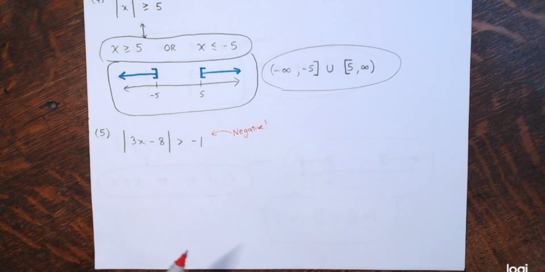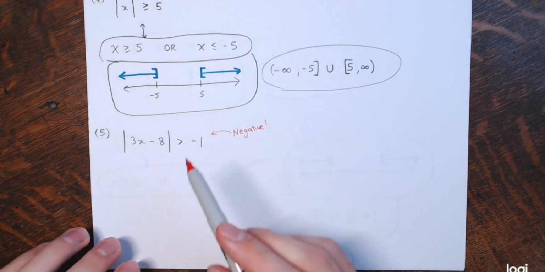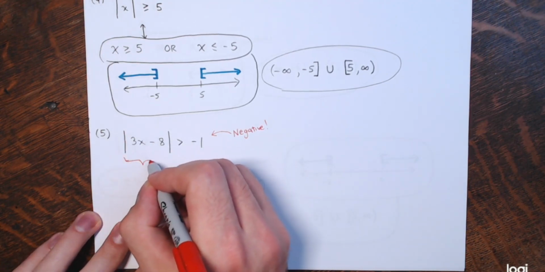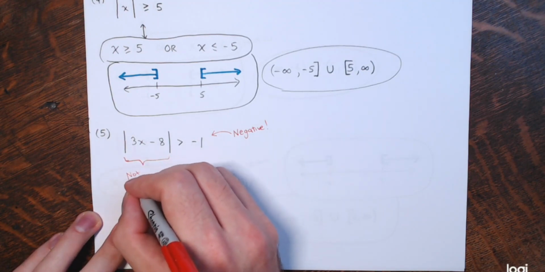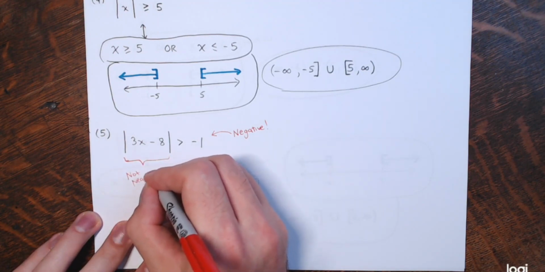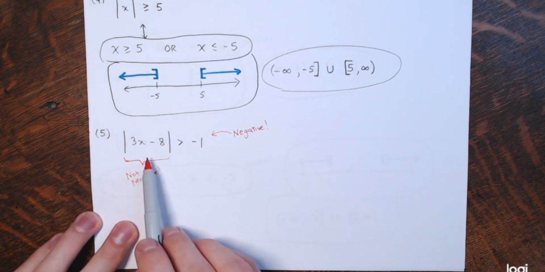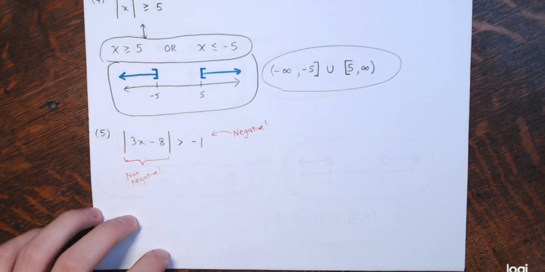Remember, if the number on the right side is negative, we really don't have to do any work. Because look, the number on the right side is negative. The left side is the absolute value of something, so that's not negative. And something that is not negative will always be greater than something that is negative.